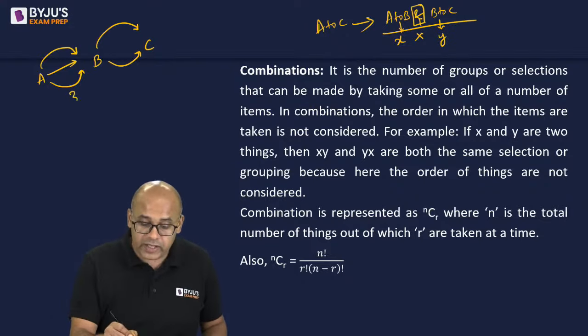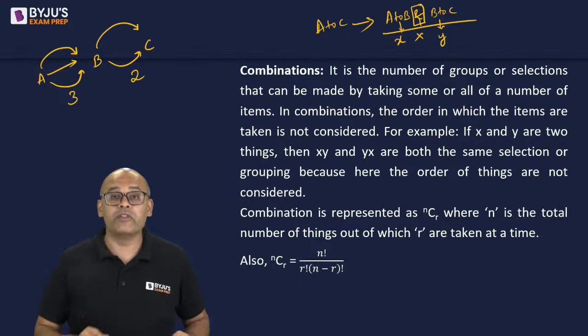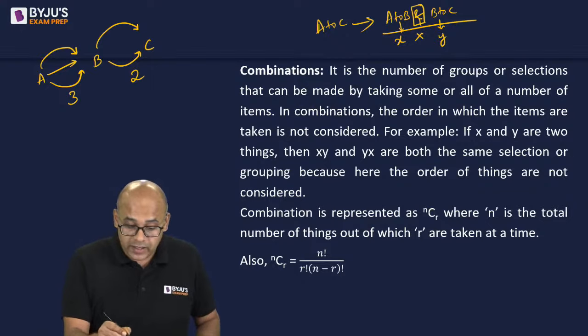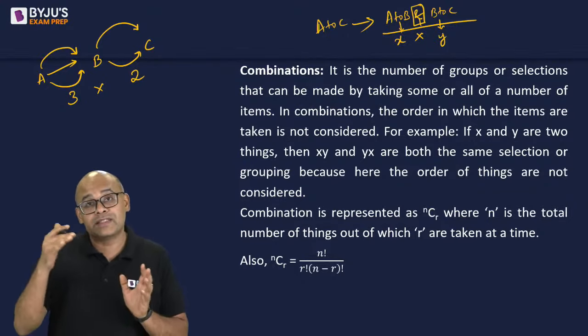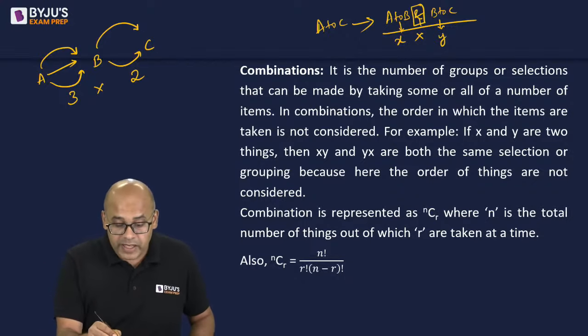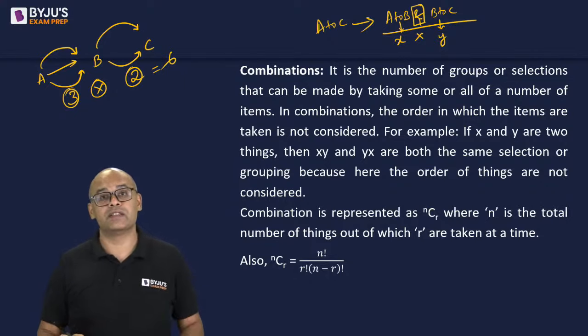So if there are 3 ways of going from A to B, and 2 ways of going from B to C, then the total number of ways to go from A to C will be given by 3 into 2, which is a total of 6.